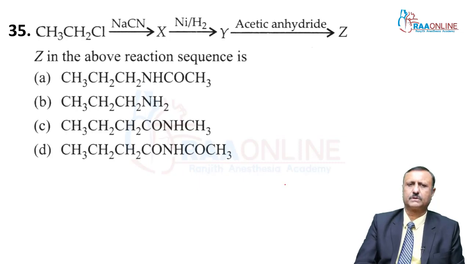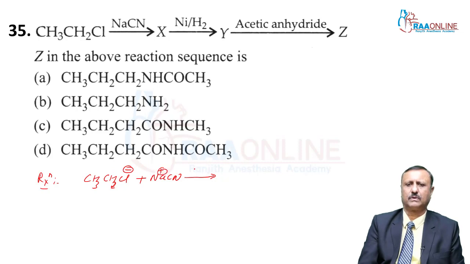Here in question 35, my dear students, we write the reactions. CH3CH2Cl, when this reacts with NaCN, with this minus charge and plus charge, NaCl is removed, and you can get CH3CH2CN.